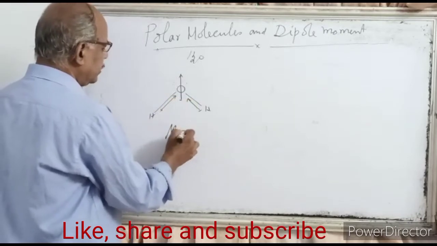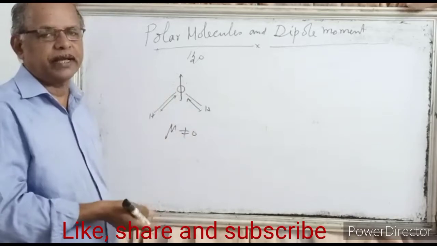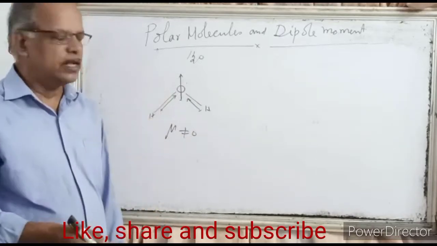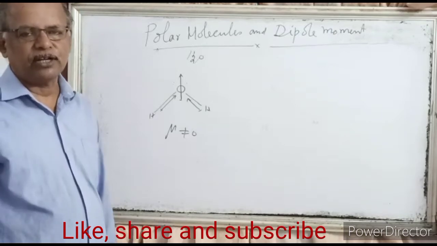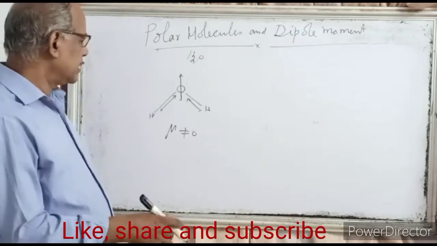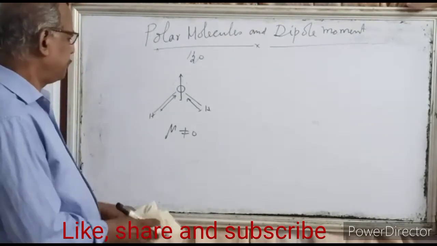So the dipole moment is not equal to 0. Since it is a bent molecule, if it were linear they would cancel. But since it is bent, the dipole moment is not equal to 0. Sulfur dioxide is also not equal to 0. So in all these cases, the dipole moment will be there, that is, not equal to 0.